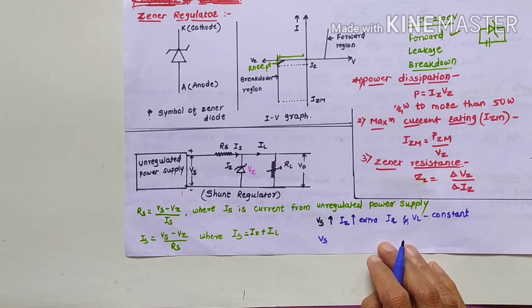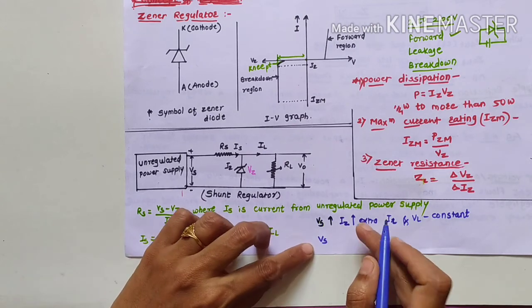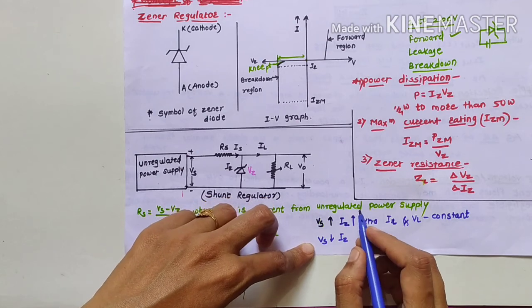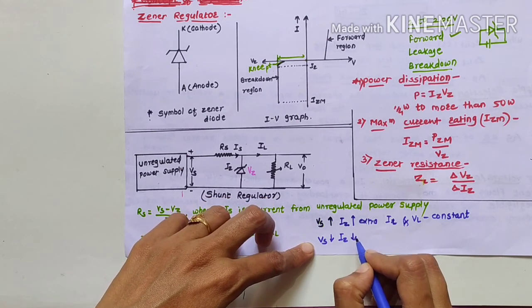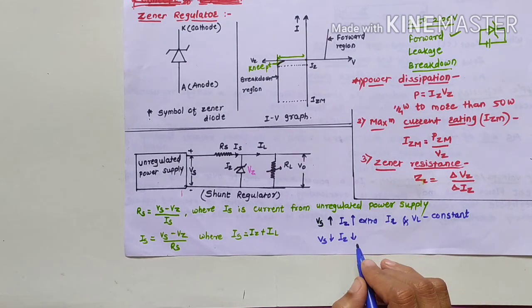Okay. Now what happens if there is a decrease in Vs, that is the input voltage? Therefore this Zener current decreases, and as there is a decrease in the Zener current, the voltage drop across Rs is reduced.